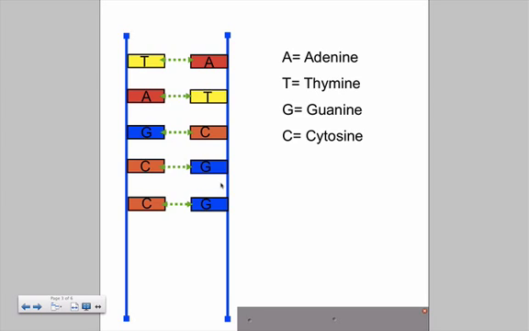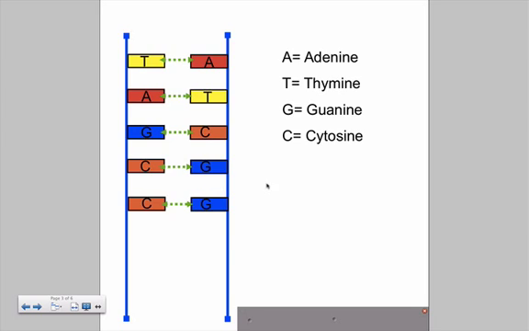So the relationship with DNA is it's a double helix. One side of the DNA is complementary to the other. What does that word complementary mean? That means it is the same, but it has opposite parts. I know that sounds a little confusing, but this is one way you can remember what bonds with what.